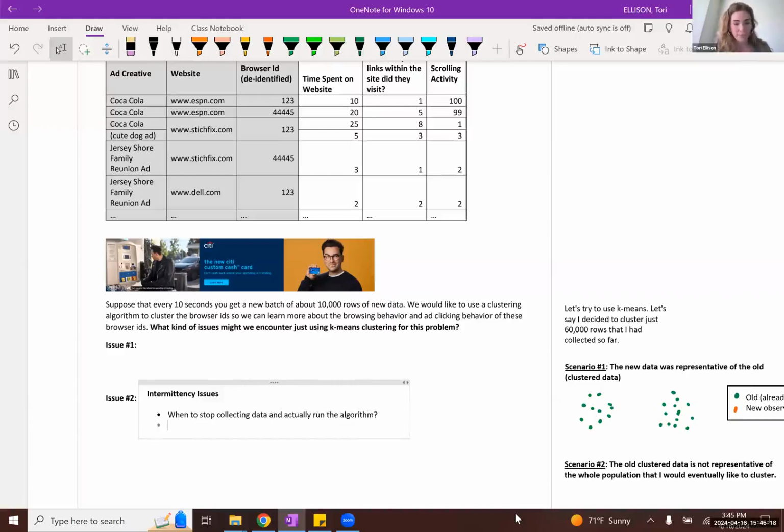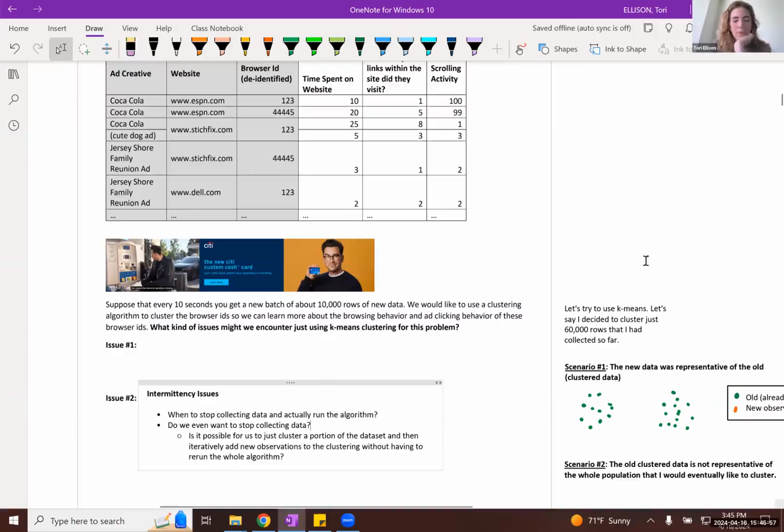And then we'd want to ask the question, do we even want to stop collecting data? We'd want to think about whether it is possible for us to just cluster a portion of the data set and then iteratively add new observations to the clustering without having to rerun the whole algorithm.